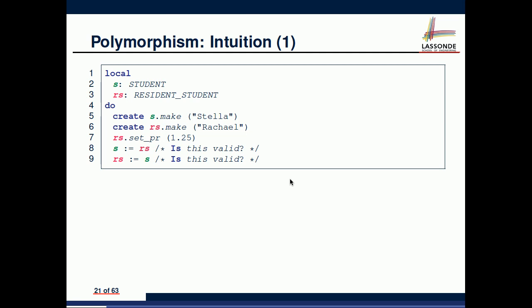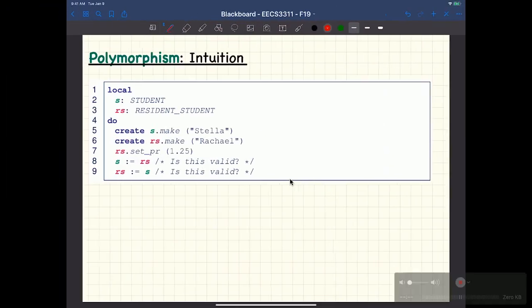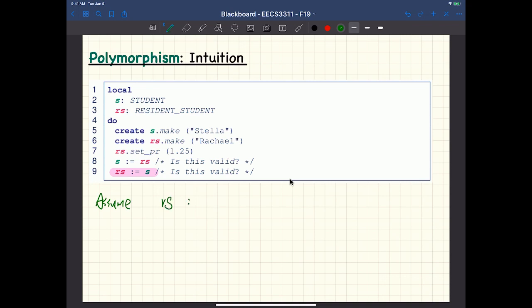It's really important for you to see the reasoning because you don't memorize the rule. You want to see the reasoning. This is what I claim. I claim that this particular line is invalid, right? So now let's assume RS is assigned to S was allowed.